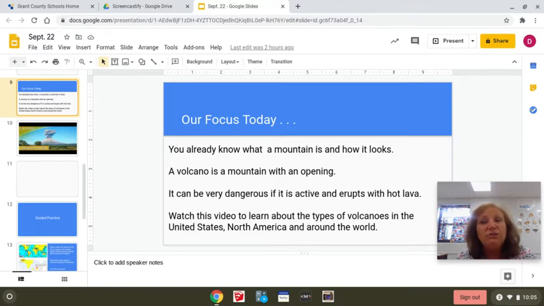Some of them are called dormant. They're like sleeping. They don't erupt. They don't have lava that comes out the top and flows down the sides, or ash that goes very high up in the sky and travels for miles around.